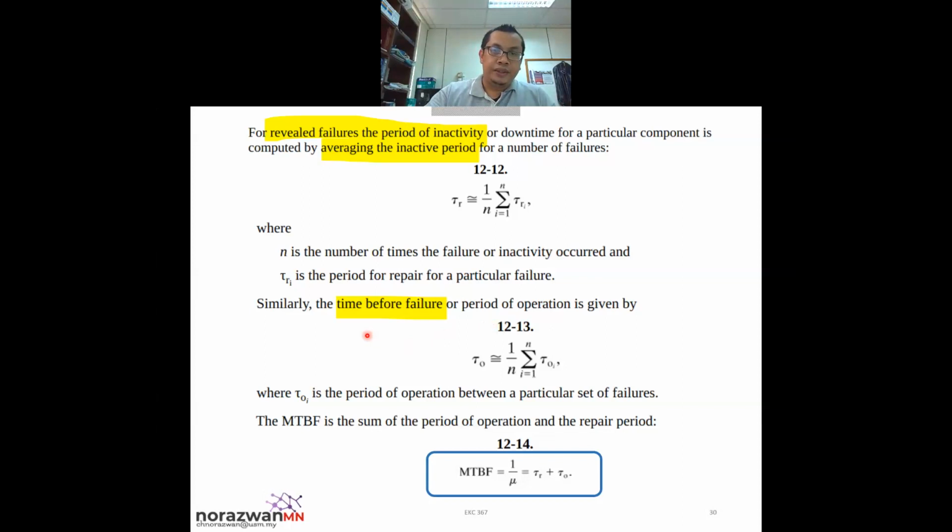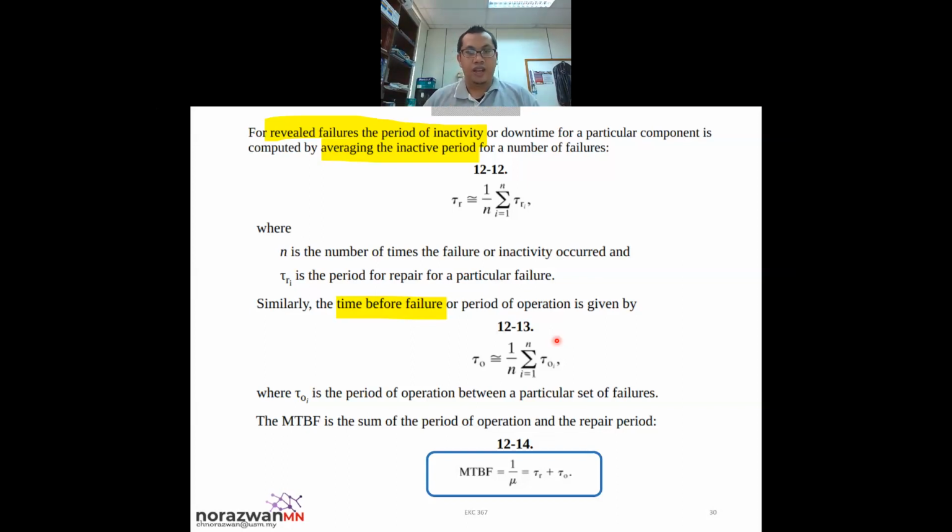Then we have tau naught. Tau naught is similar to tau R for revealed failures, where we try to find the average. So basically for revealed failures, you need to find the average of tau R and tau naught.